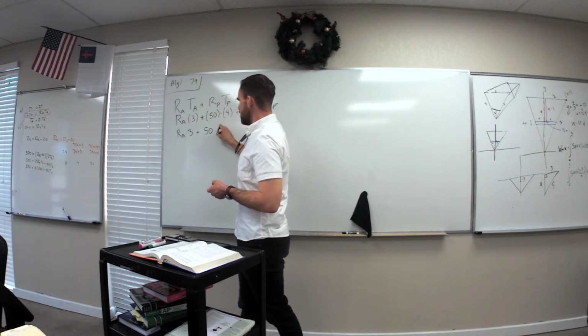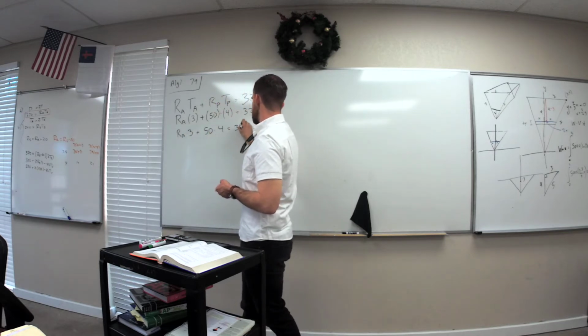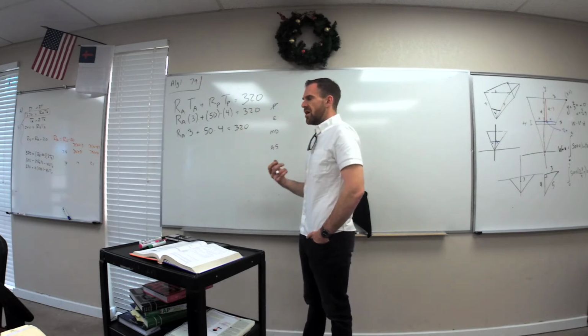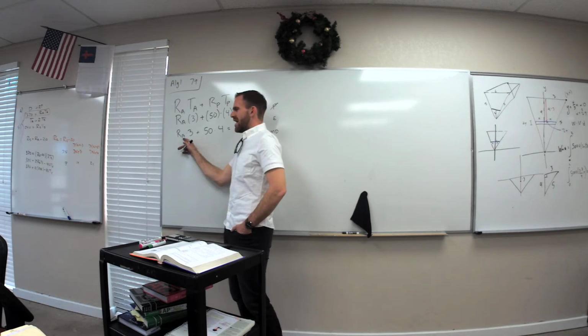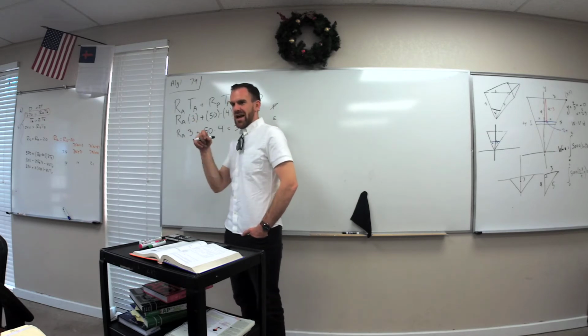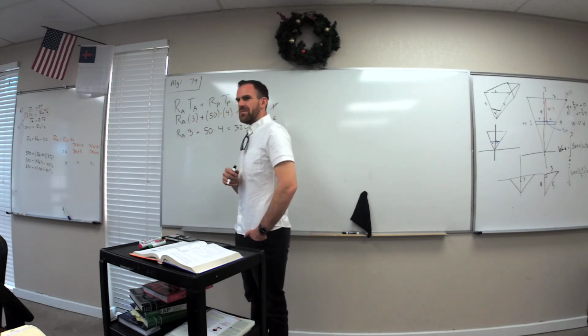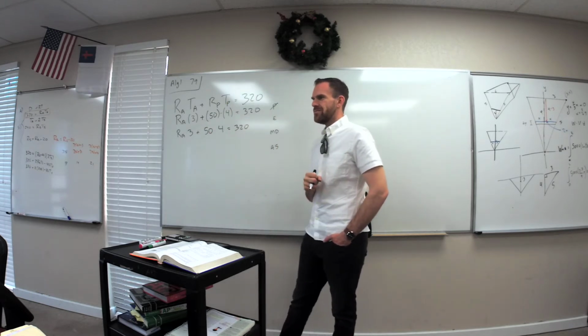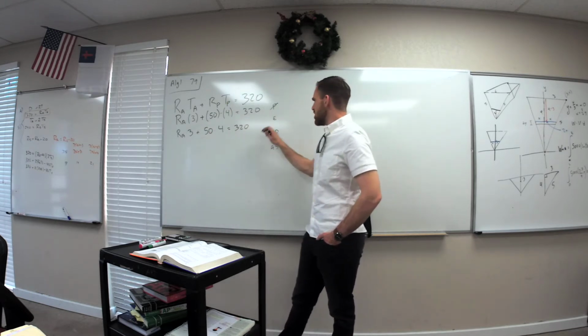RA times 3 plus 50 times 4 equals 320. Do we have any exponents? No. You might be like, well, is that A an exponent? Because it's RA with the A as the subscript. No, it's just there. It is one thing. It is the rate of Armando. So we have no exponents.